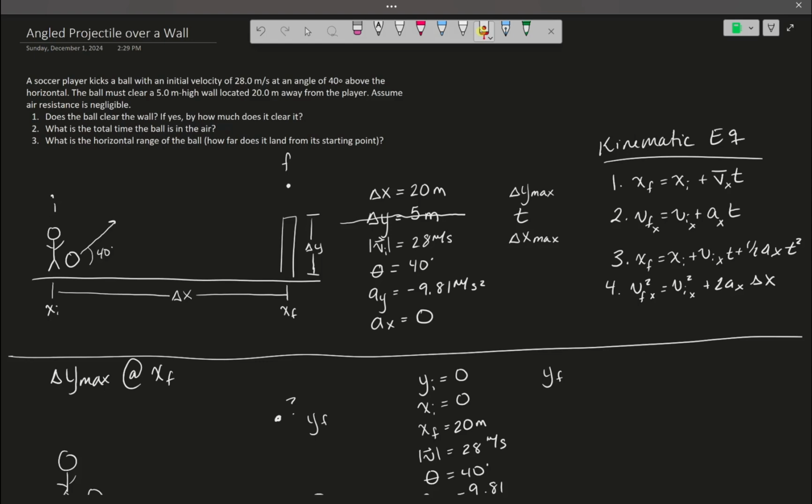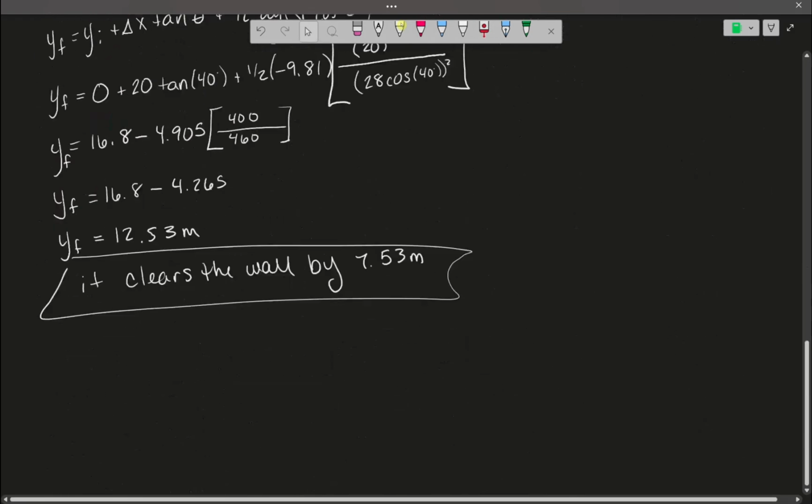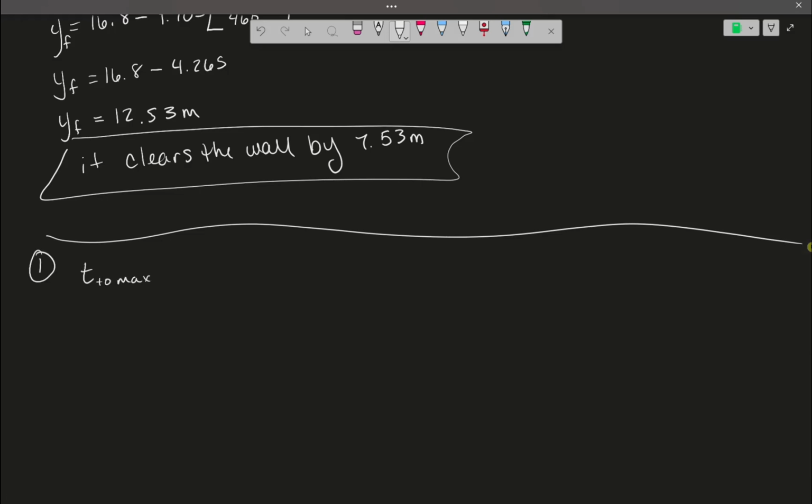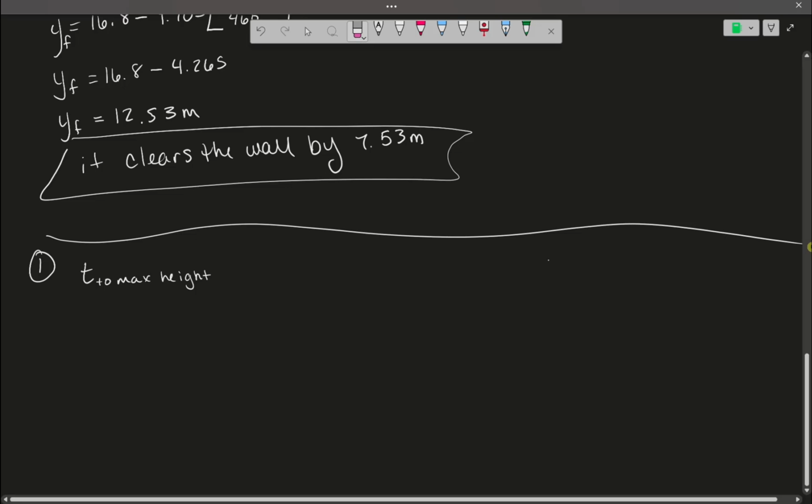I think that's the approach that I'm going to take. There might be a faster approach. This is just the one that popped into my head. So I'm going to first figure out, one, time to max height, and then max height, and then time to go from max height to ground.